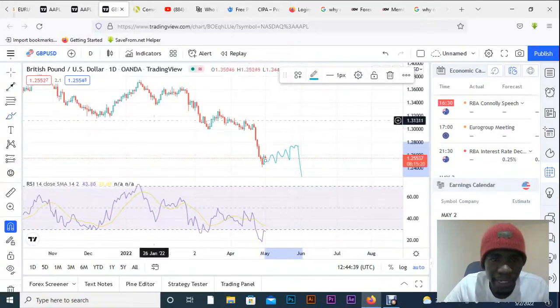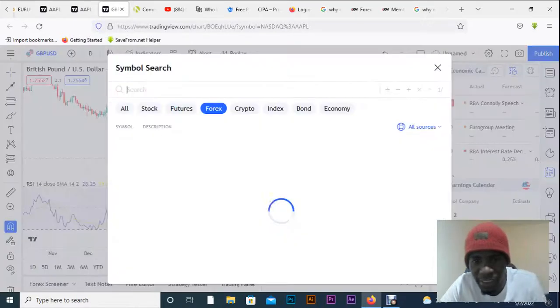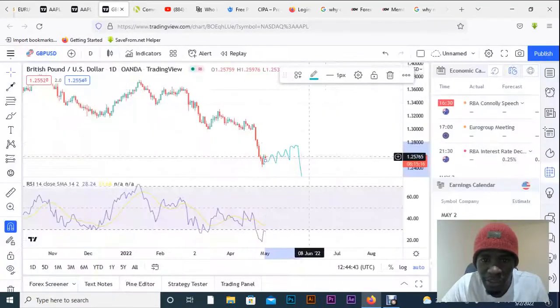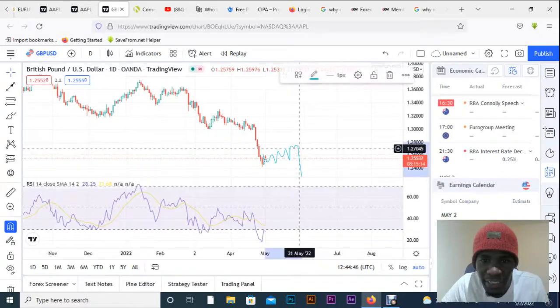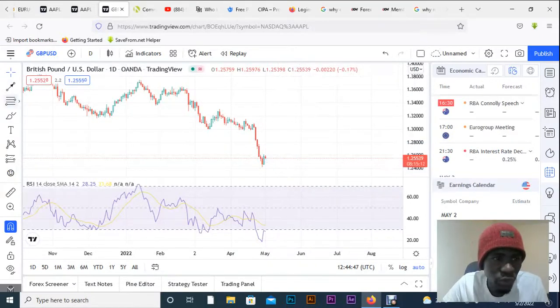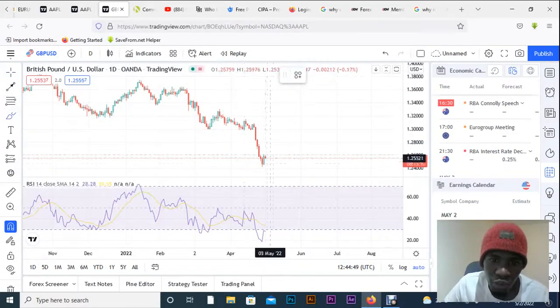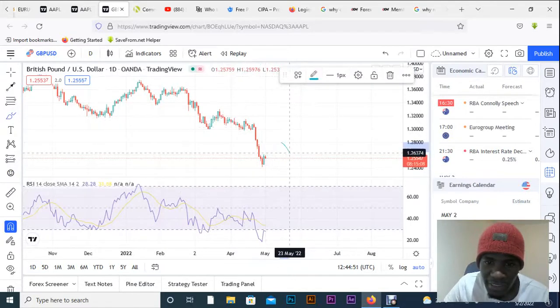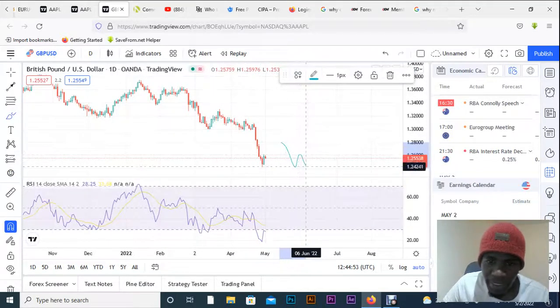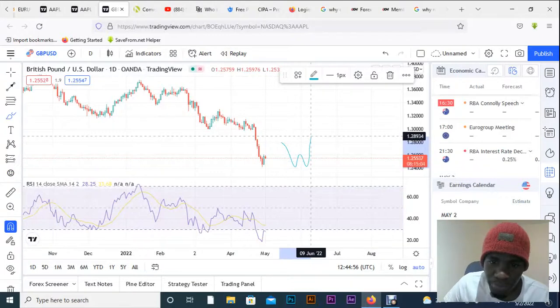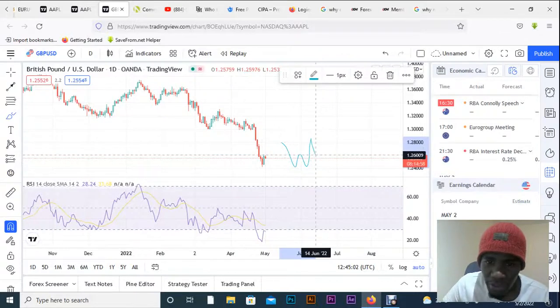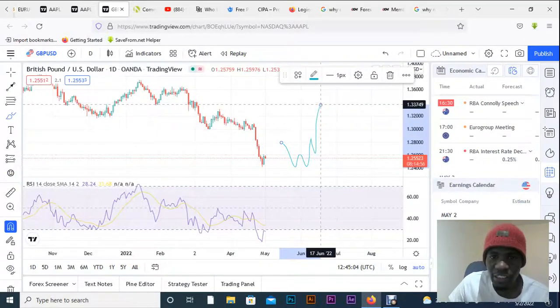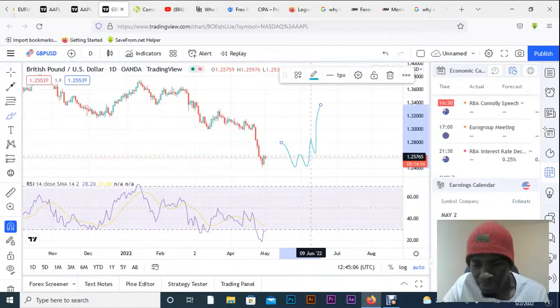But if the market gives us a reversal pattern, sorry for that, guys, a head and shoulder or a double bottom, not a double top, a double bottom, and then a break of the neck, retest, and then it went up, we know that the market is reversing.